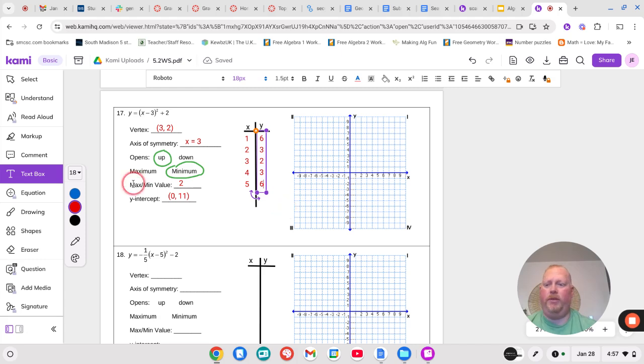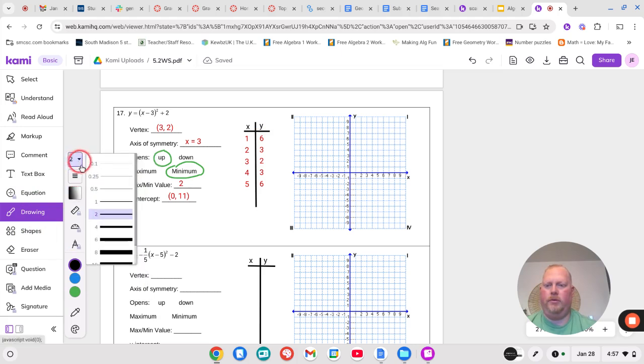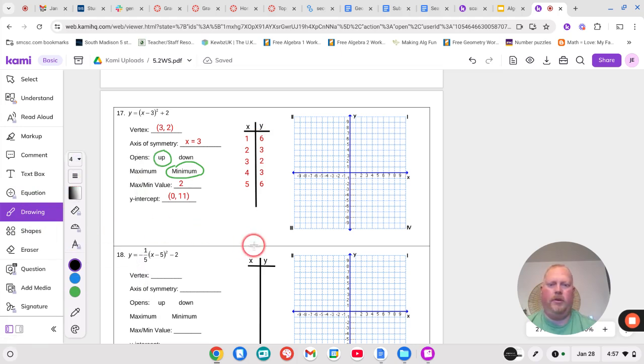So then I just plot those points. So 1, 6, 2, 3, 3, 2, and sure enough, it looks like those points make a parabola.